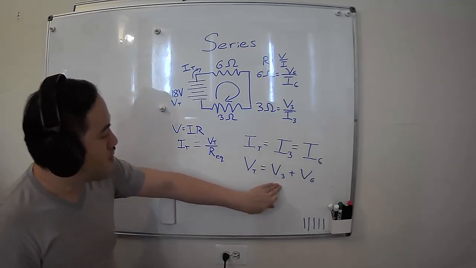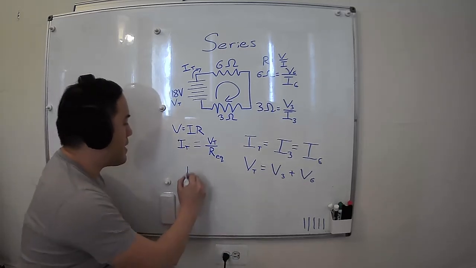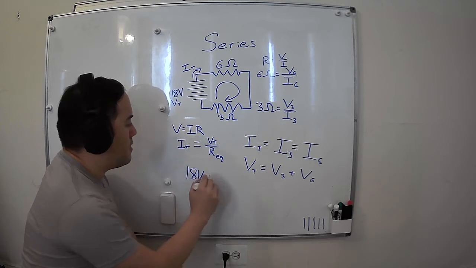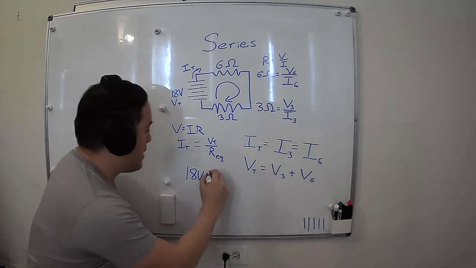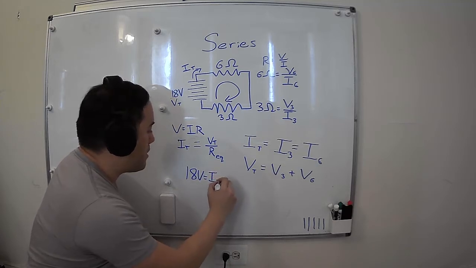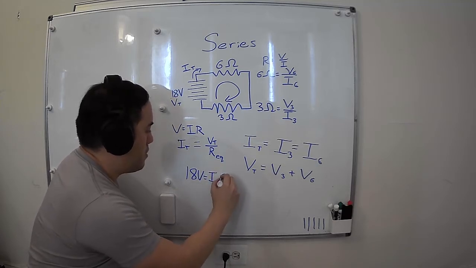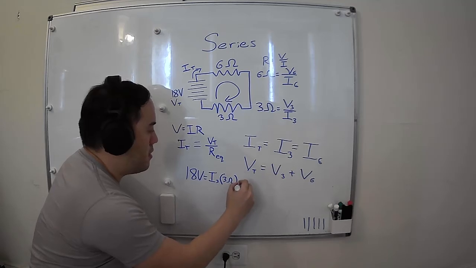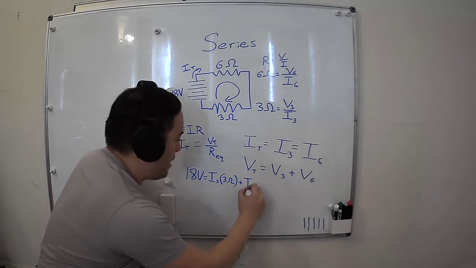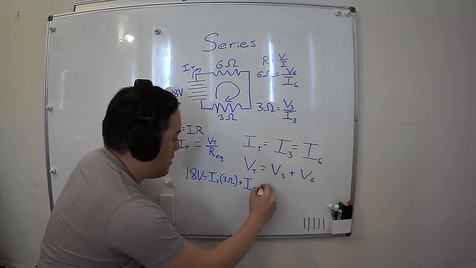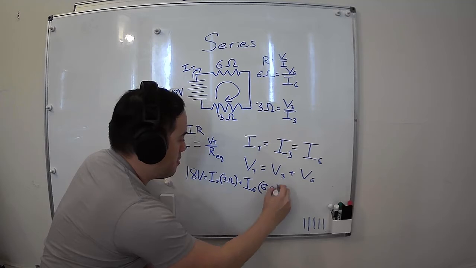If V total is V3 plus V6, that means 18 volts is V3, which is I3 times 3 ohms, plus V6, which is I6 times 6 ohms.